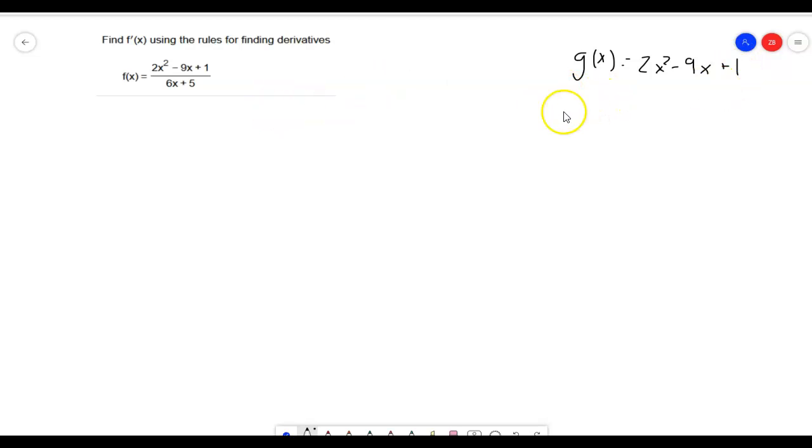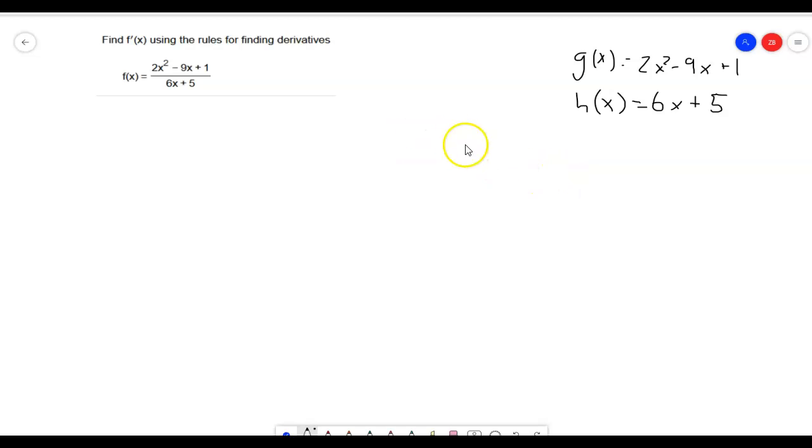And we'll call the bottom function h of x. h of x is equal to 6x plus 5.